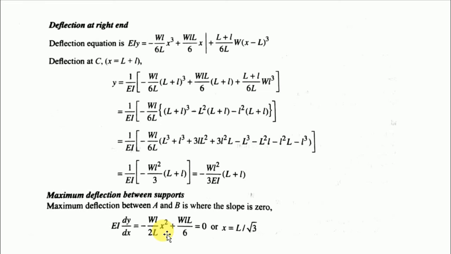Here x shows the distance where the maximum deflection occurs, because we know that wherever the deflection is maximum, the slope becomes 0. In other words, in the slope equation, you can easily put dy upon dx equal to 0, and this whole part becomes 0, as you can see here, and we get the value of x equal to L upon under root 3.